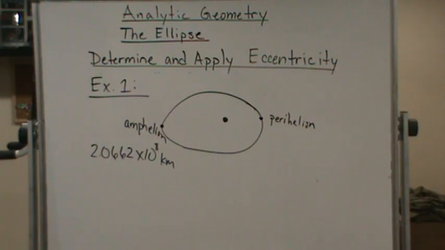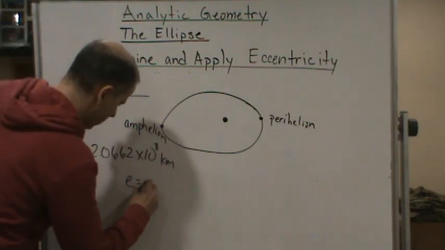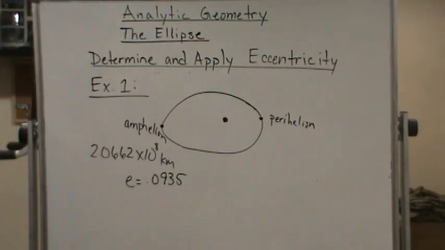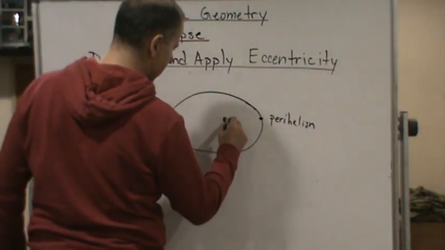So it's in the hundreds of millions. And the eccentricity of Mars from the table is 0.0935. Okay, now, so they want us, so we know this distance.